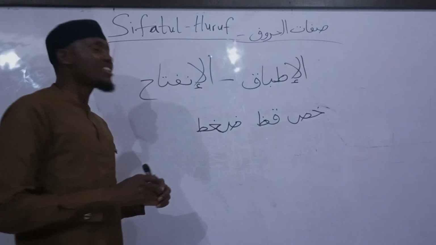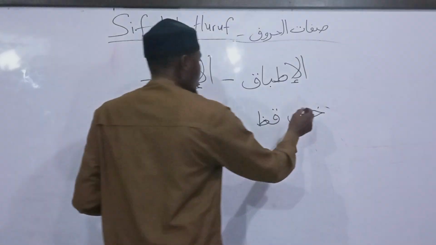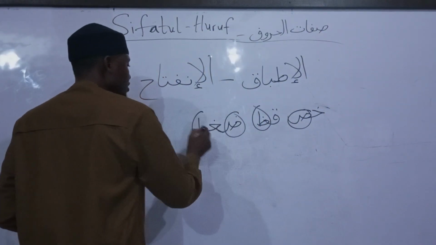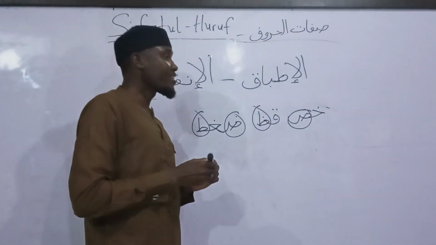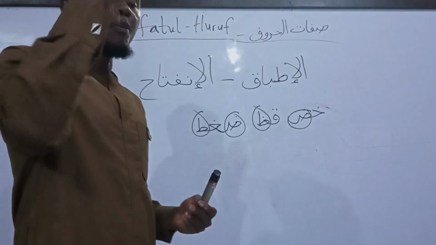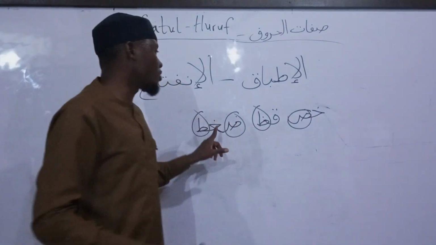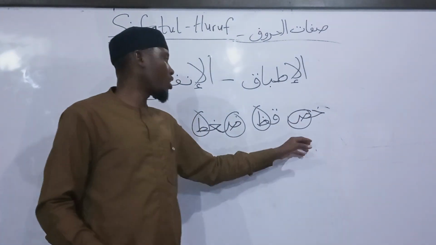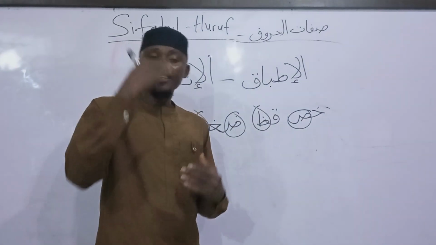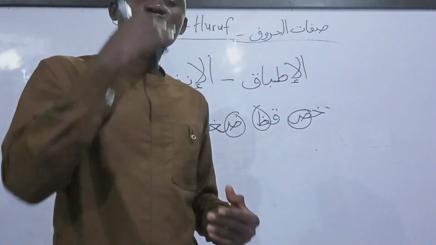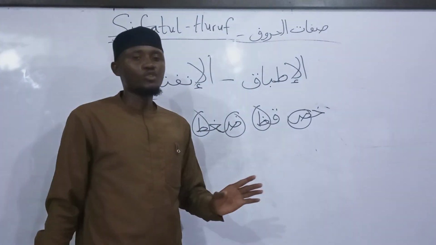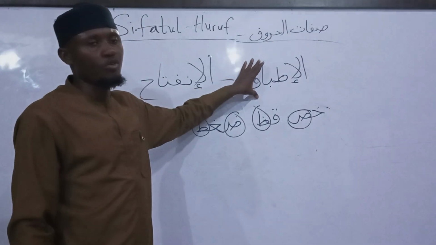Now, of these letters of isti'la, this and this, they contract against the upper palate while you pronounce them much more than the other three, much more than Ghain, Qaf, and Kha. Sad, Za, Dad, and Ta. These ones, the end of the tongue contracts against the upper palate much more than the other ones. So they are the letters of itbaq.